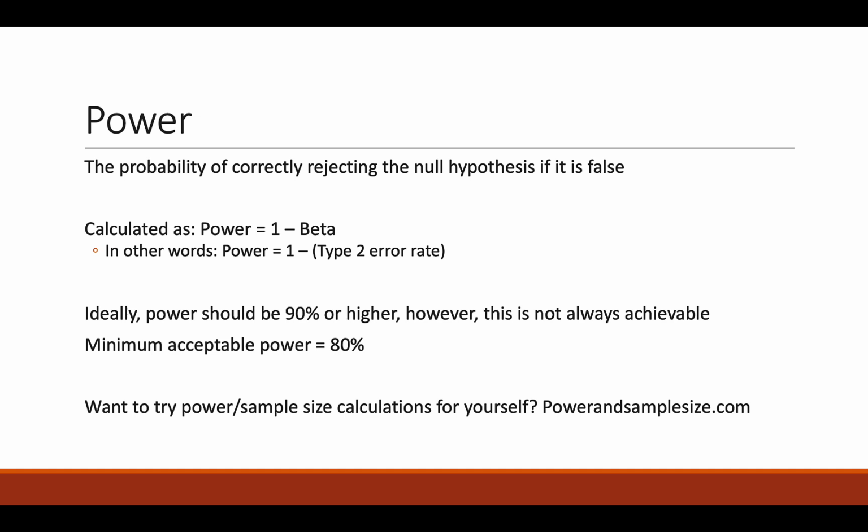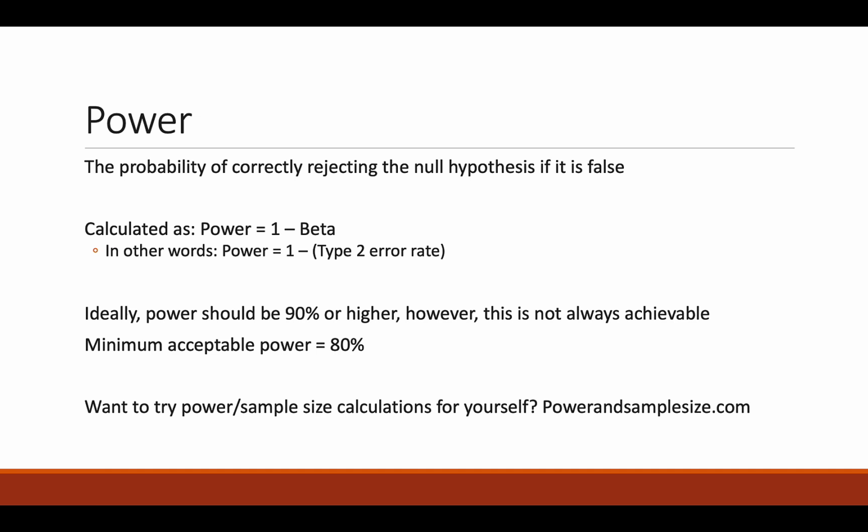Think of power as the ability to correctly identify a difference when a difference truly exists. If you want to look at power and how it impacts sample size, you can go onto this one website called powerandsamplesize.com. You can mess around with different study designs and see how power impacts sample size, how it's impacted by alpha, and so on and so forth.